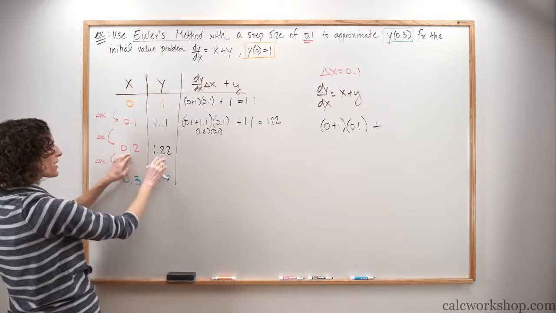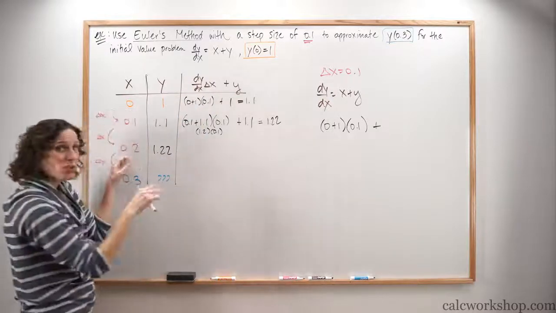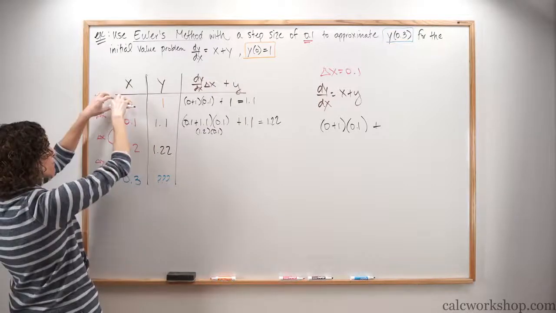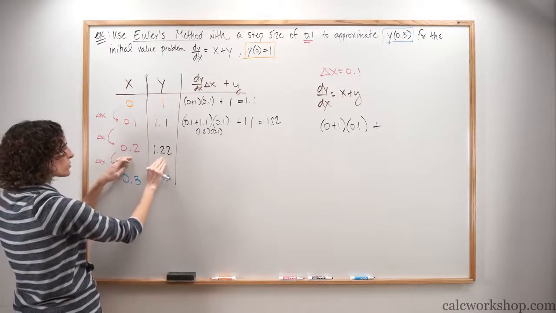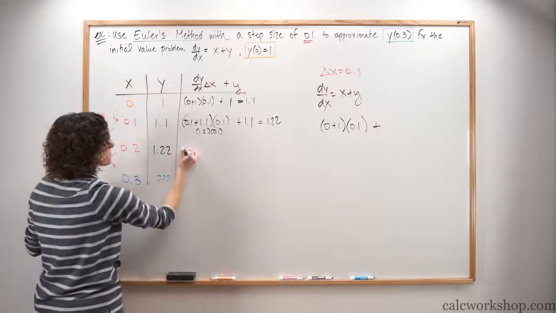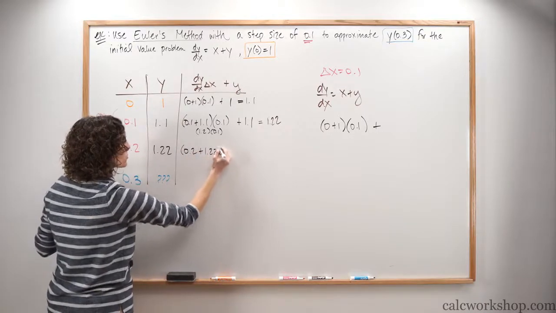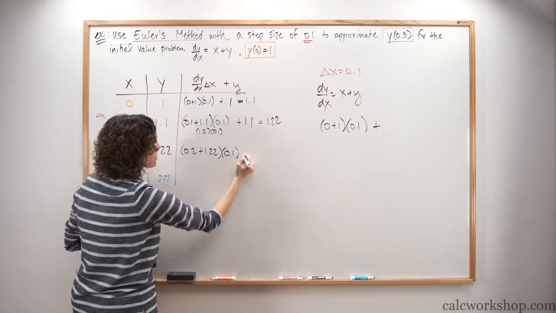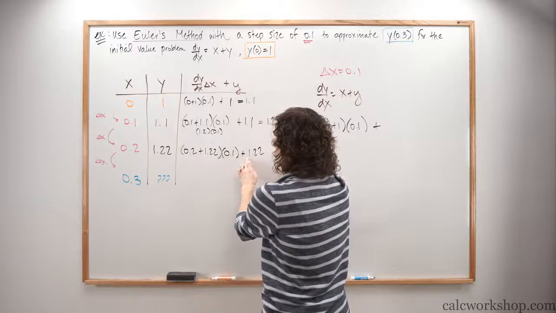These two, this x value and this y value, are going to go into our next row here. And we're going to see what's going to happen after going our last step. So again, after we go a step, we're at 1.1. We go a second step, we're at 1.22. What's the third step is what we're looking for. So let's plug in. We have 0.2 plus 1.22. Again, times our current step size, that will never change. And then plus the current y value, which is 1.22.